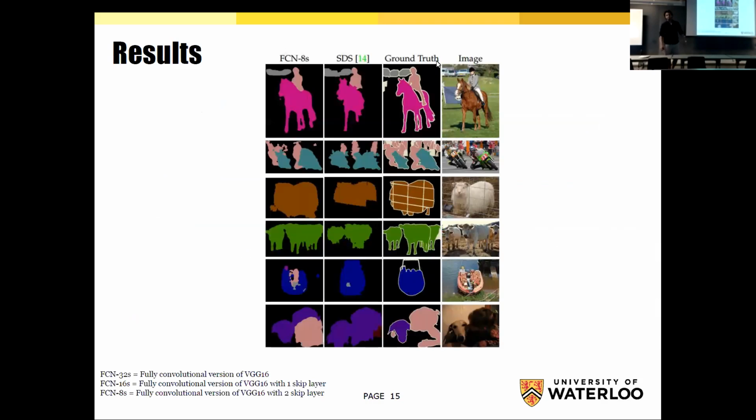So to put images to those results, there are a few interesting cases here. You can see it did pretty well. SDS was, like I said, the next best network. They're able to distinguish between the human and the motorbike, pretty impressive since they're so close together.